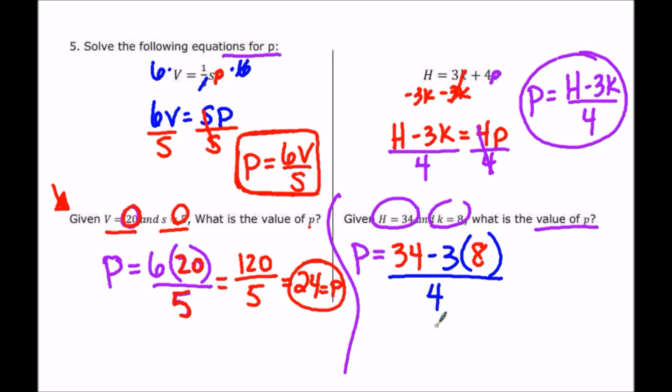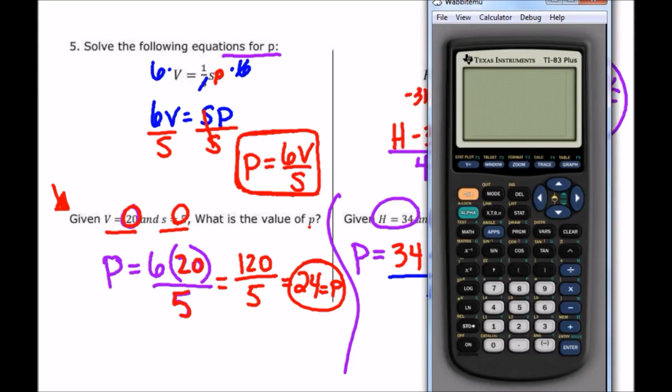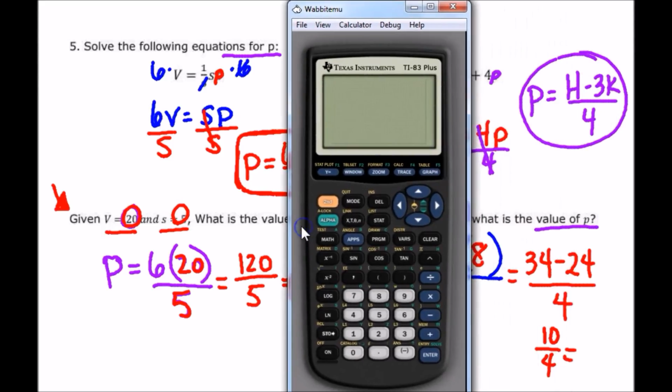Now we're just doing basic mathematics. So let's see if we got this right. So we've got 34, 3 times 8, so that's negative 24 over 4. 34 minus 24 is 10 over 4. But I want to reduce it. I want to simplify that. All right, so I'll take my trusty calculator. And we turn it on, make sure it's turned on.